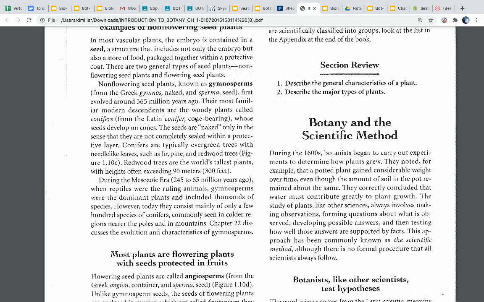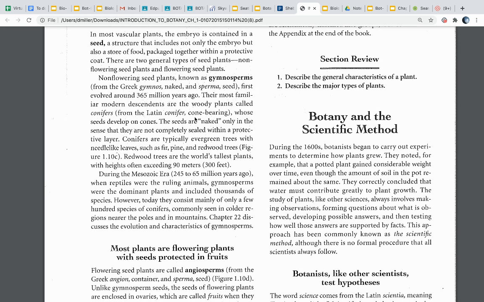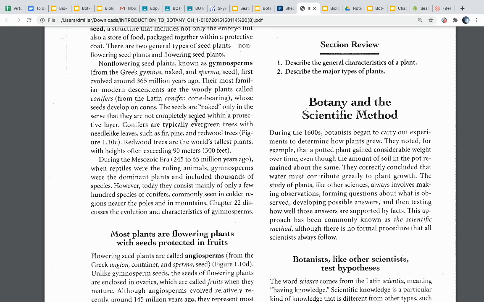The seeds are naked only in the sense that they are not completely sealed within a protective layer. Conifers are typically evergreen trees with needle-like leaves such as fir, pine, and redwood trees. Figure 1.10c. Redwood trees are the world's tallest plants, with heights often exceeding 90 meters or 300 feet.